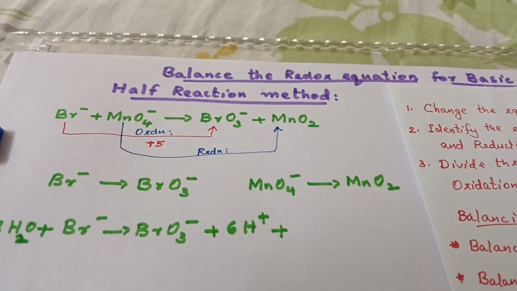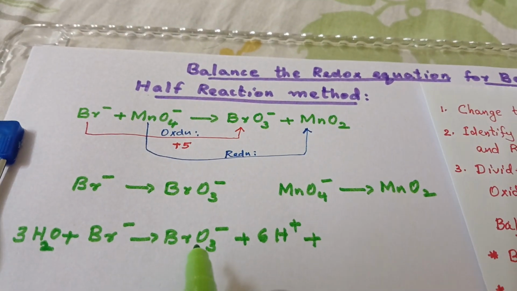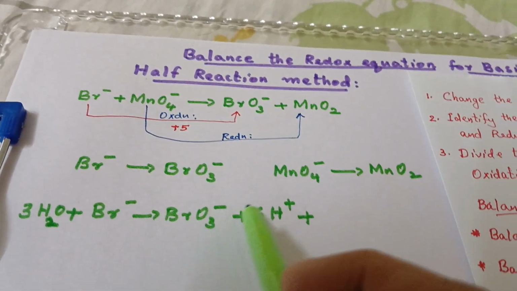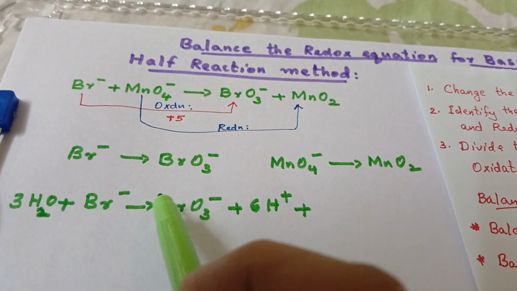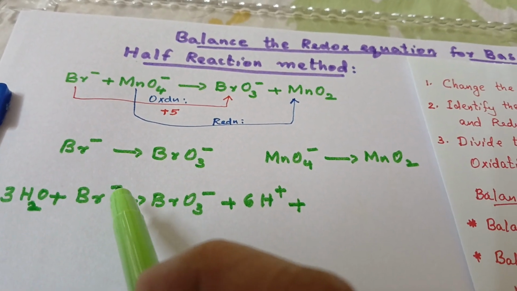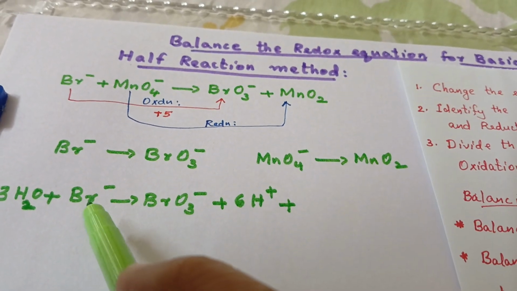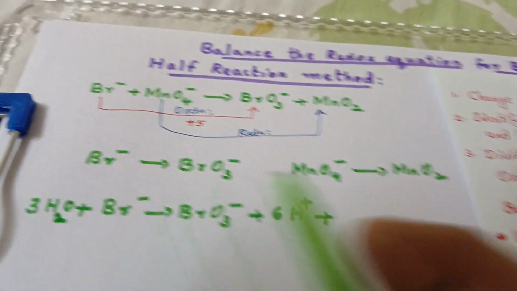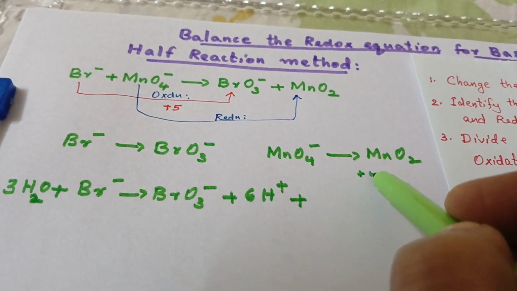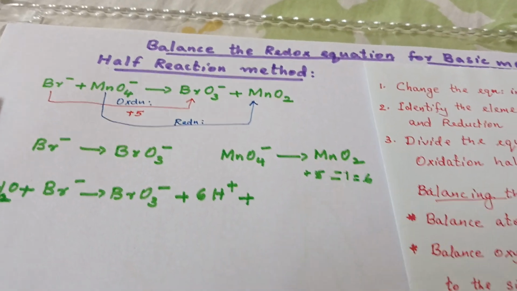So we need to add electrons to the more positive side. How many electrons should we add? There is a resultant charge of +5 on the right hand side and the charge on the left hand side is -1. So this is +5 minus -1. We will get 6.